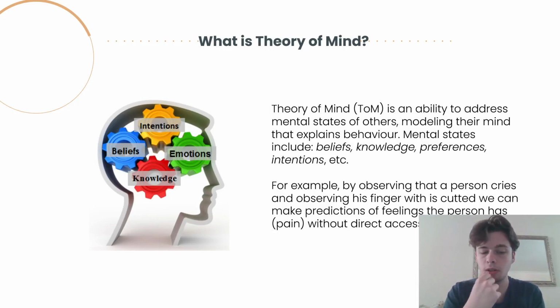And which is important, the observer can predict next actions based on those mental states. Like if a person suffers from pain and has a pain relief near, there's a high probability he will take that pain relief, right?